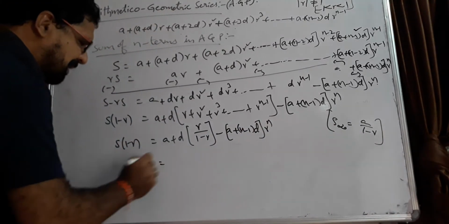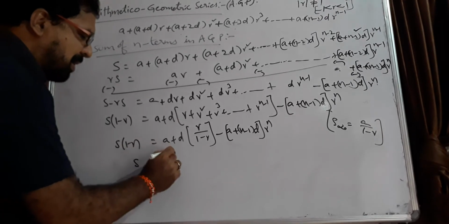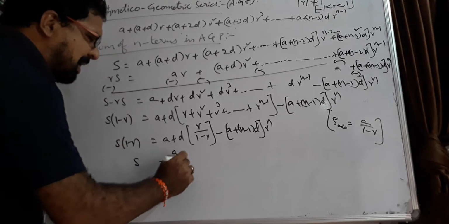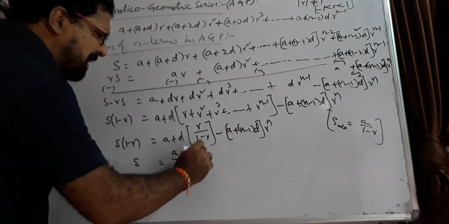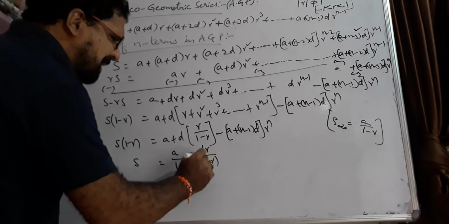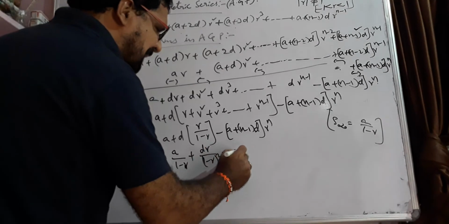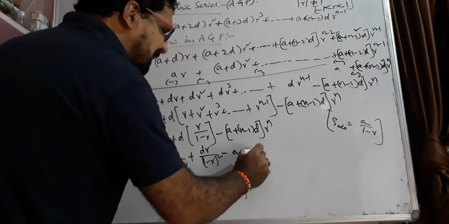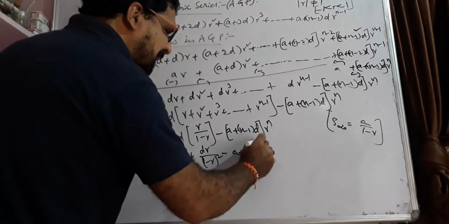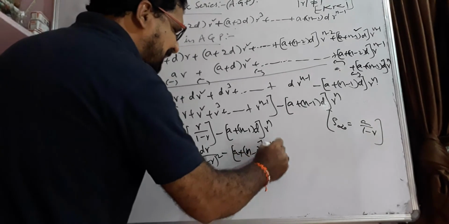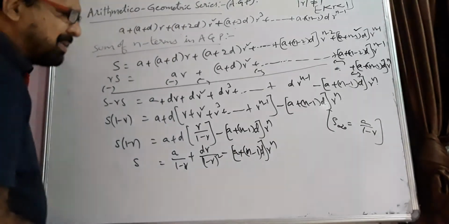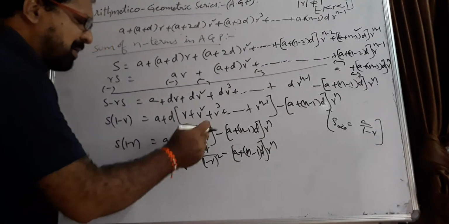So s is equal to, here 1 minus r is sent down: a by 1 minus r plus dr by 1 minus r whole square, minus a plus n minus 1 into d of r power n, and this 1 minus r is sent here also, no?